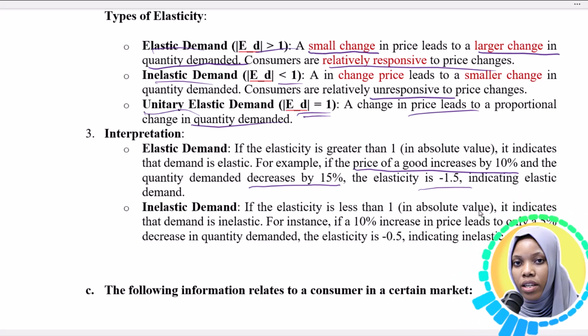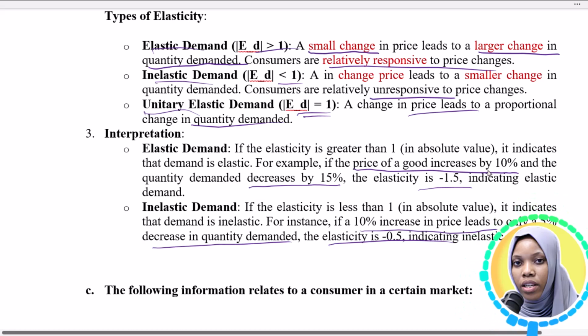Whereas in inelastic demand, if the elasticity is less than 1, it indicates that the demand is inelastic. So, for example, if the price increases by 10% and there is only a 5% decrease, then the demand is inelastic.